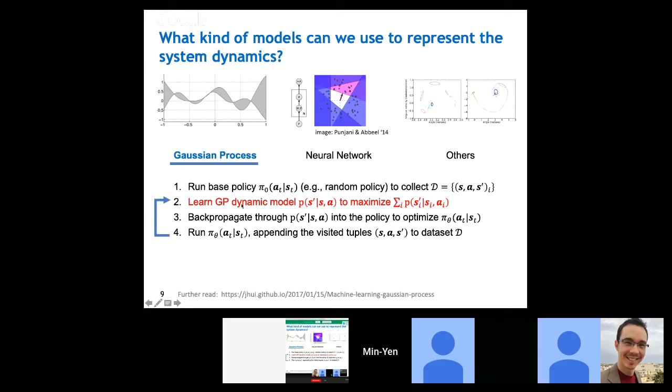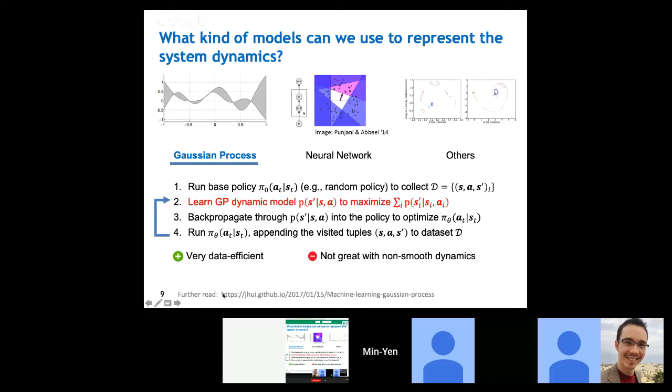Specifically, we use a Gaussian process to represent the system dynamics. The advantage is it's very data efficient compared to maybe neural networks, because it's kind of parametric, but it's not great with non-smooth dynamics.